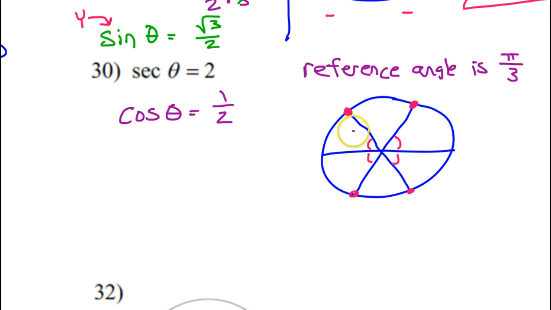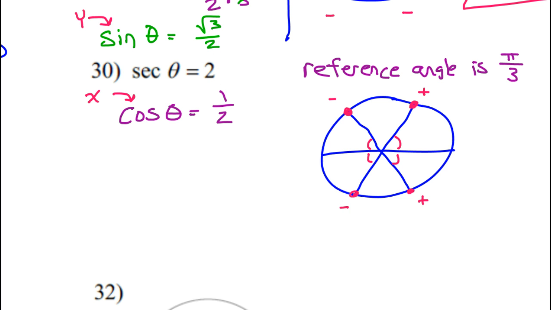So where is cosine positive and where is it negative? Well, remembering that on the unit circle, the cosine is the x value, the question is, where are the x values negative? x values are positive on the right and negative on the left. So these 2 angles will have a positive cosine, and these 2 angles will have a negative cosine.